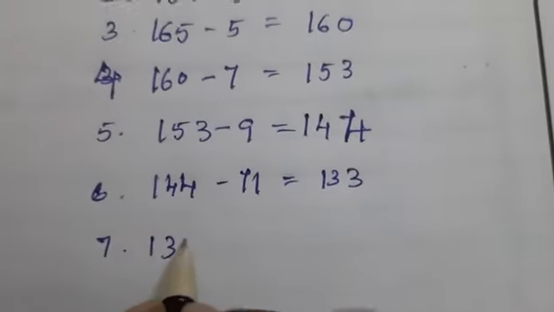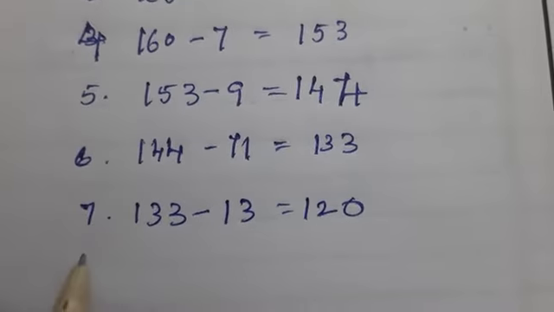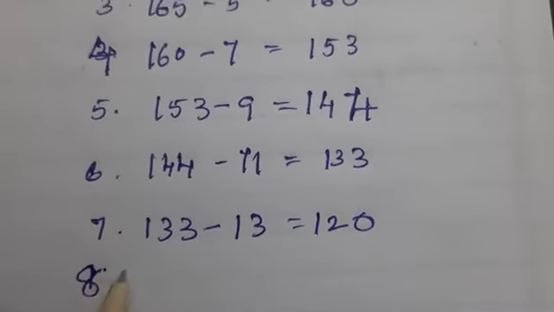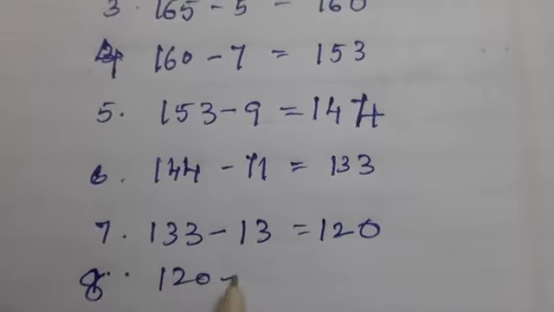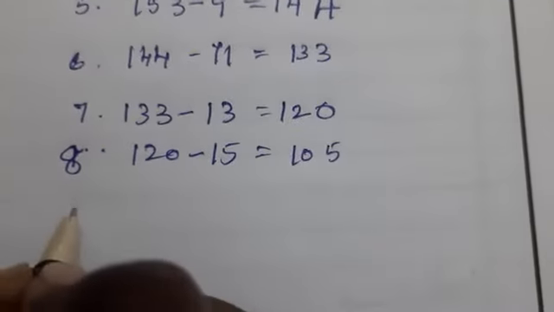So 133 minus 13, 120. Eighth, 120 minus 15, 105.